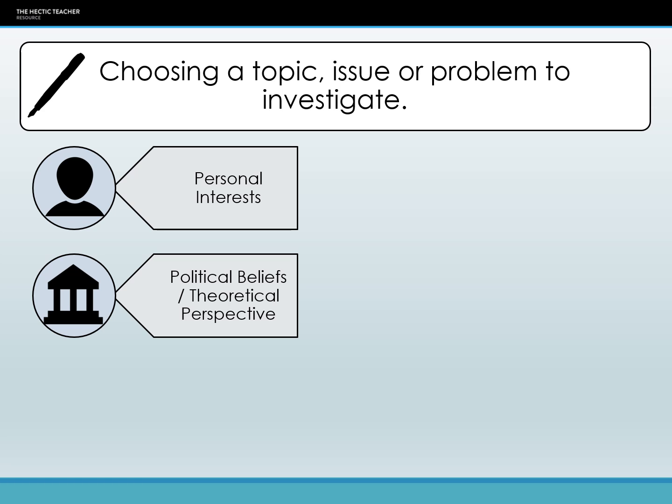They see it as proof that people have more choice over their lives, that people are able to pick and mix the type of life that they want, and they can change their life at any stage should they choose to. So depending on political beliefs, depending on their theoretical perspective, sociologists will have different views on what phenomena requires their investigation.